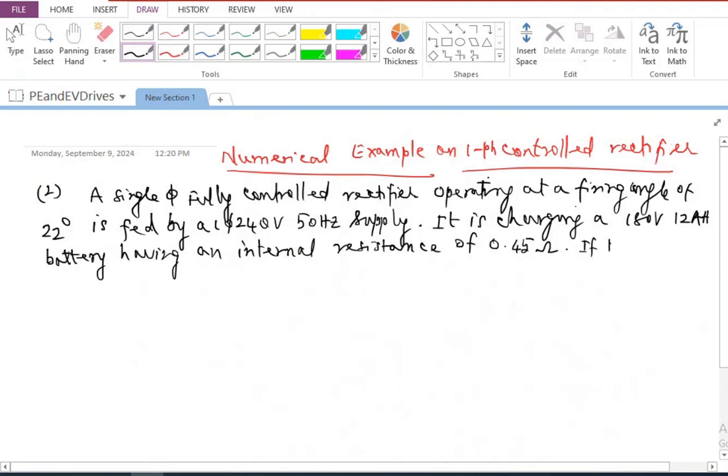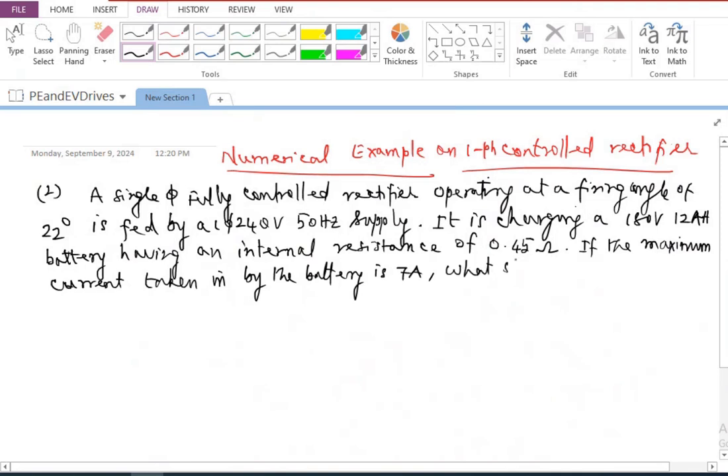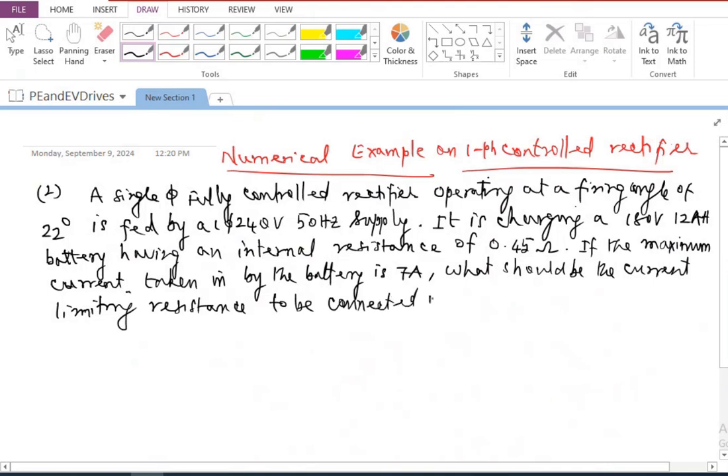If the maximum current taken in by the battery is 7 ampere, what should be the current limiting resistance to be connected in series with the battery?